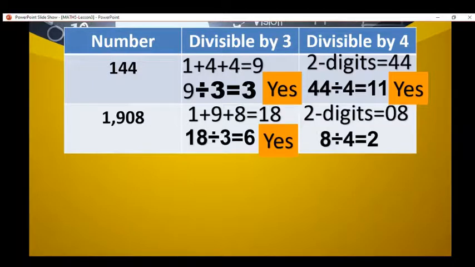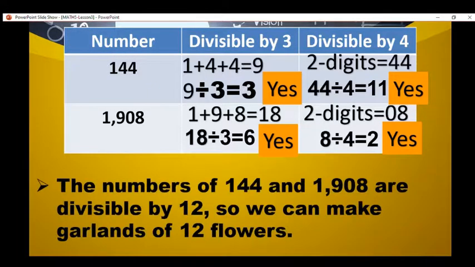So we need to divide it. 8 divided by 4, we got 2. So the answer is yes. So the two numbers are divisible by 3 and also divisible by 4. So we can see that 144 and 1,908 are divisible by 12. So we can make garlands of 12 flowers in both gardens.